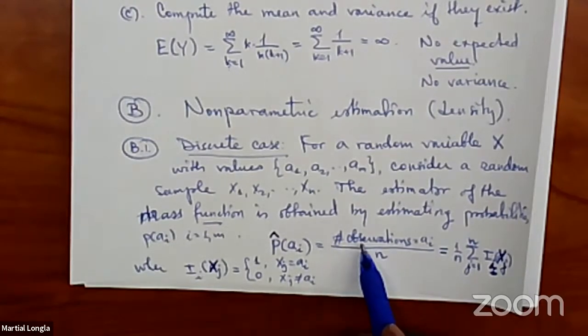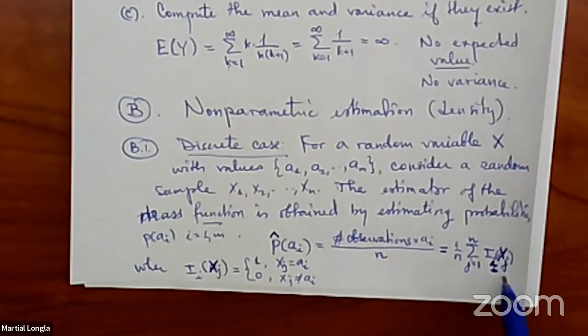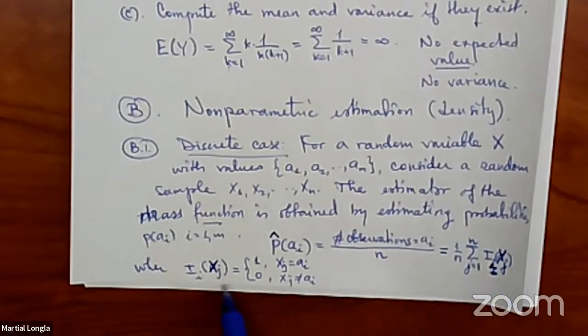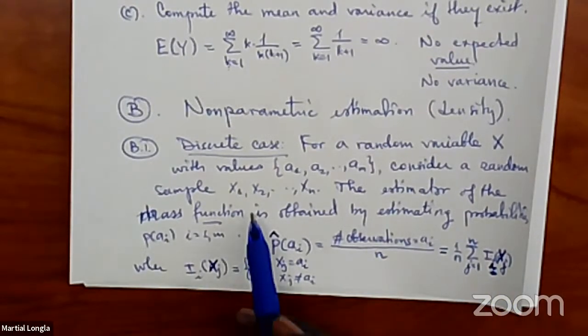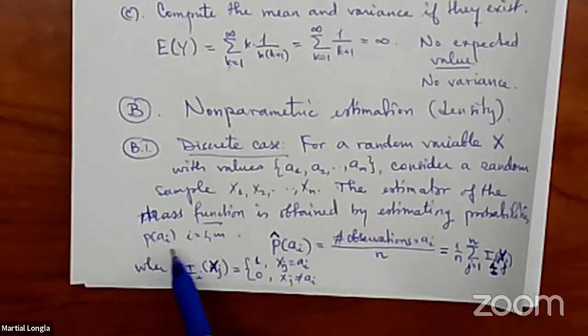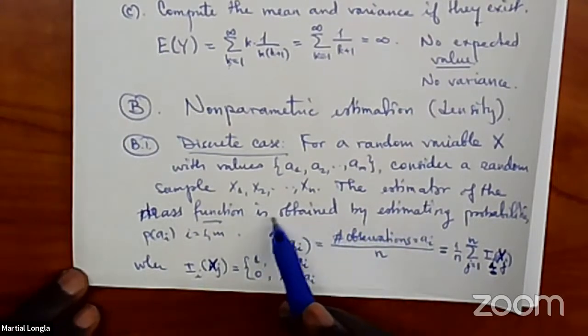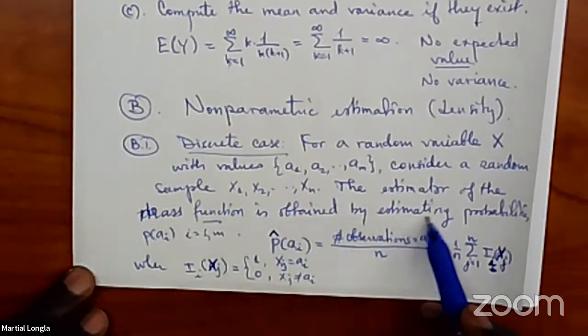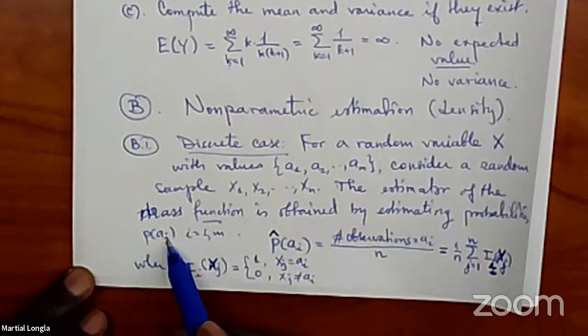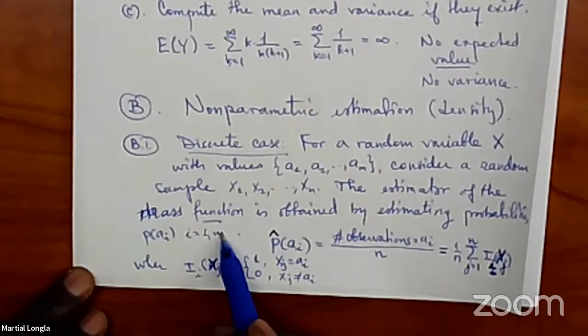Here, the estimate is obtained by estimating probabilities P of Ai, that's i equal 1 through m.